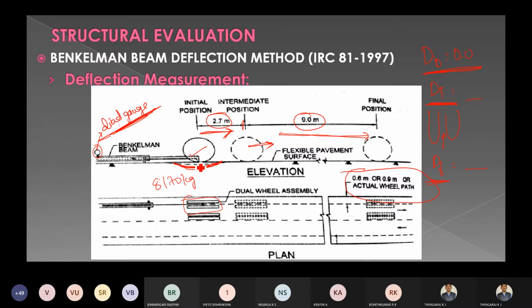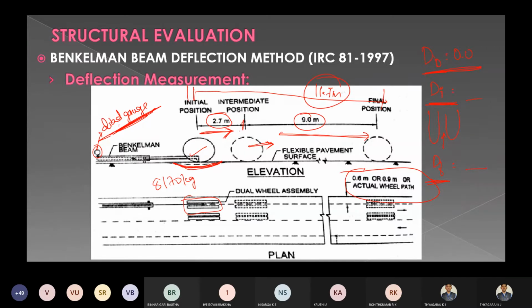You will be marking only the initial position on the pavement. You will not be marking any intermediate or final position. Approximately, the vehicle will be moved 2.7 meter, and from 2.7 it is 9 meter, so the vehicle will traverse approximately 11.7 meter from the initial point.